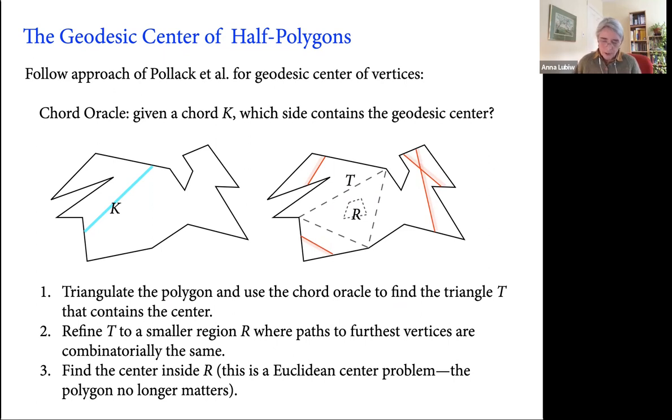So they refine that triangle to a smaller region R where the paths are all combinatorially the same. That is, for any two different points inside R, the paths to a particular half polygon look the same regardless of where I start inside R. And then they end up with a Euclidean center problem, which Megiddo has solved. So that's the outline. And we'll look first at how to design this chord oracle for our situation.